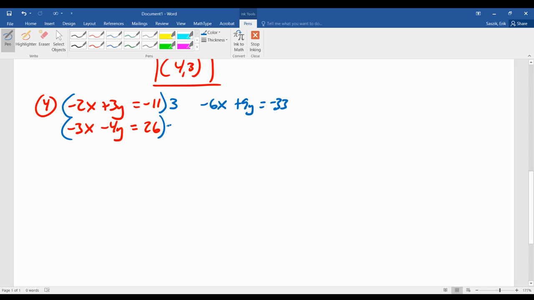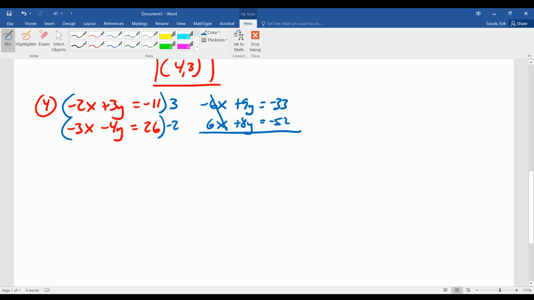So I have to multiply by negative 2. Now negative 2 times negative 4 is positive 8, and you get negative 52. Sorry, I'm making some mistakes here. Negative times a negative is positive, so that should be positive 6x. So you see, now we have this opposite pair, so these x's go away.